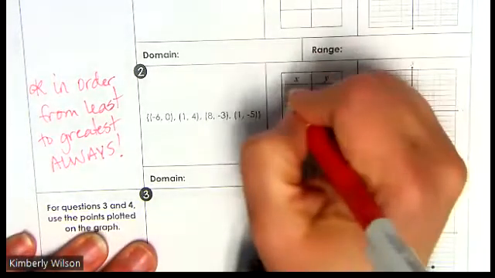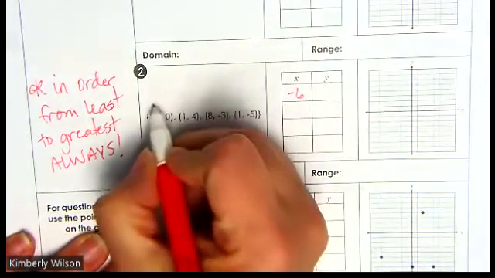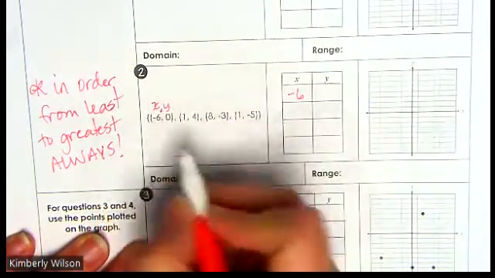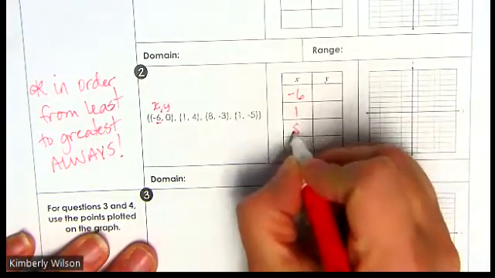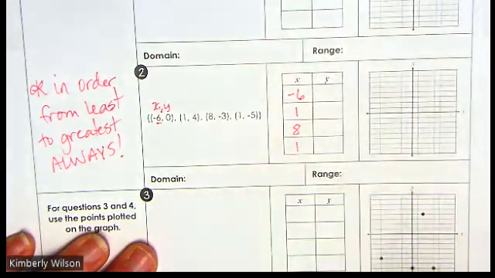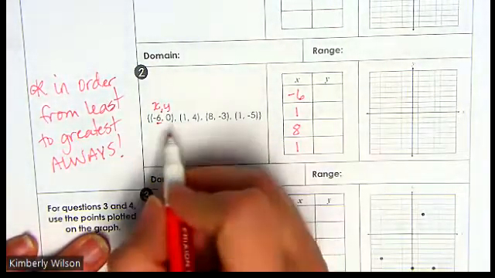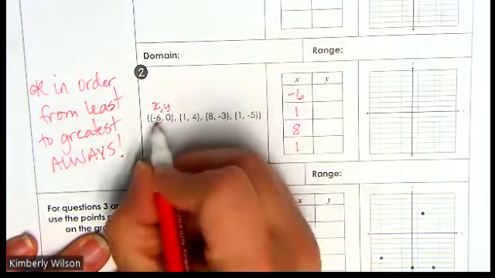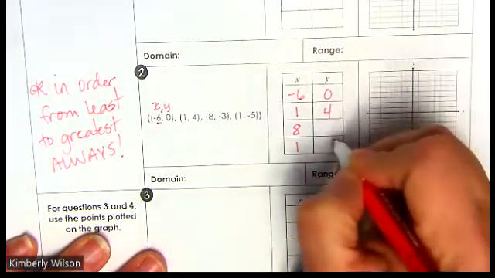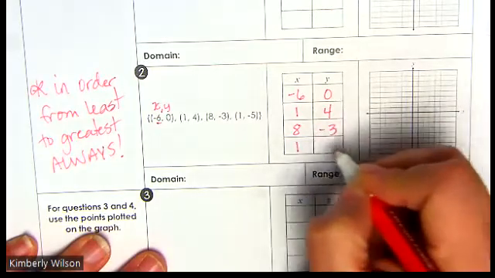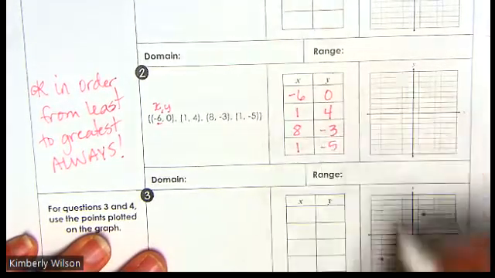So I'm going to go -6 because remember, in ordered pairs, it's X, Y. So that's -6, 1, 8, 1. Now what are the Y values that go with this? With the -6, it's 0. With the 1, it's 4. With the 8, it's -3. With the second 1, it's -5.